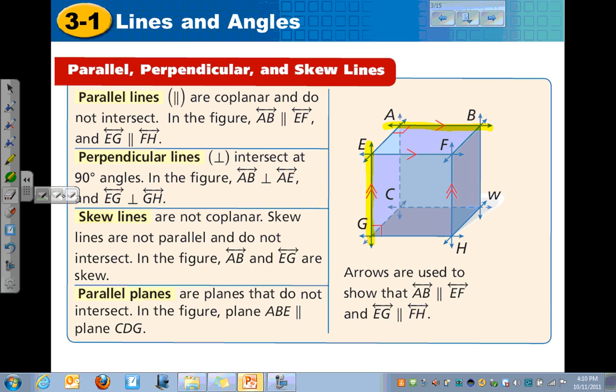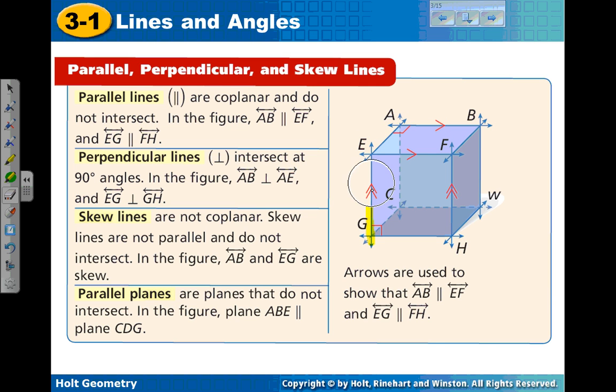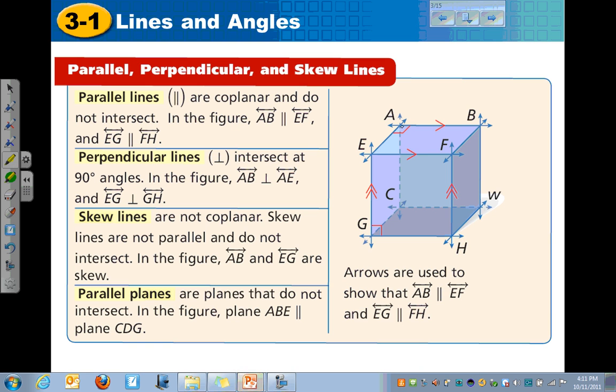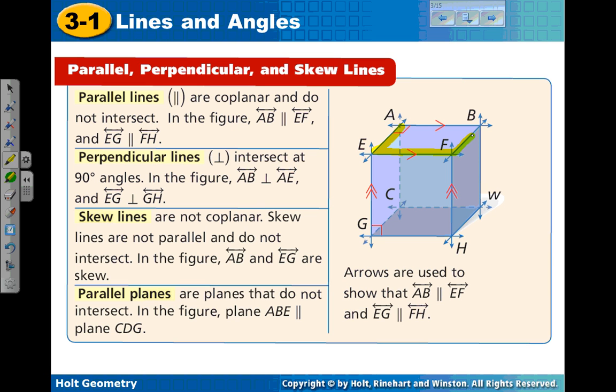Now, I'll erase that. We have another term here, parallel planes are planes that do not intersect. So in our figure, plane ABE, the top of the box here, is parallel to the bottom of the box.